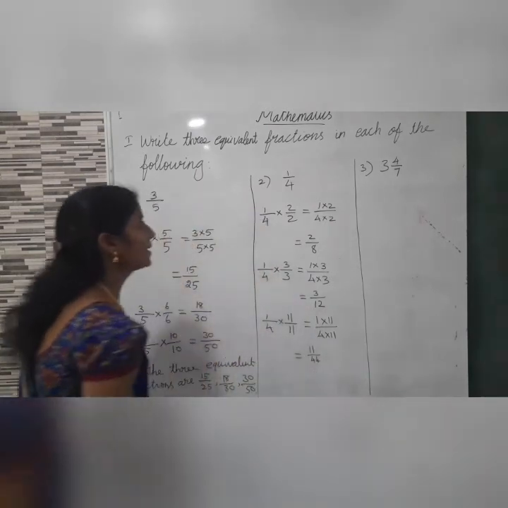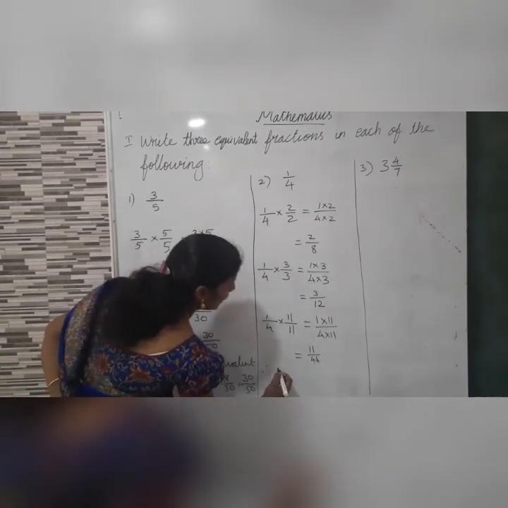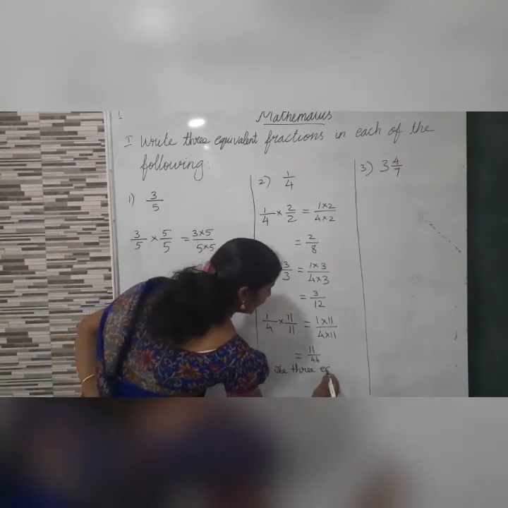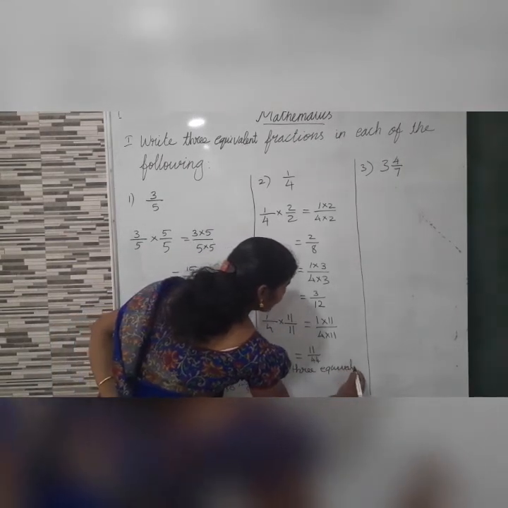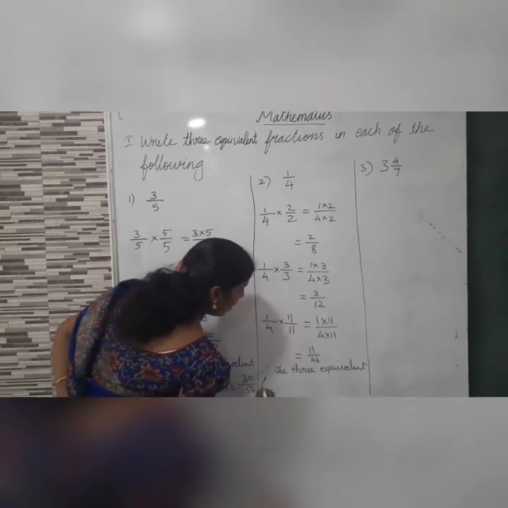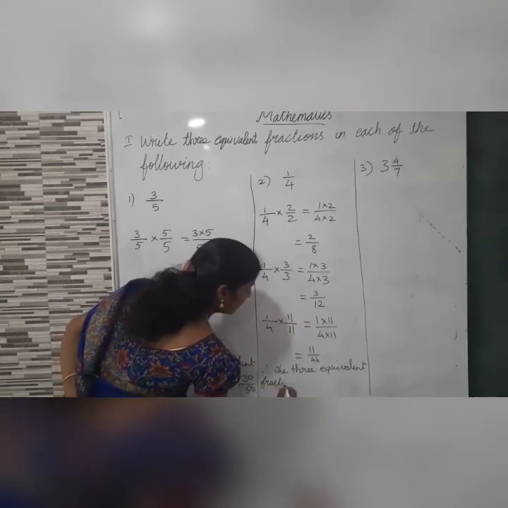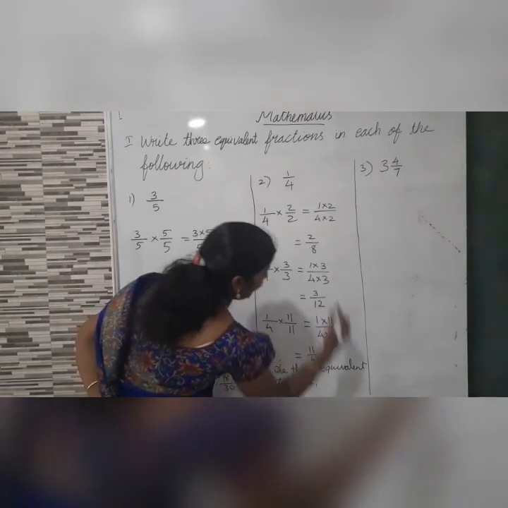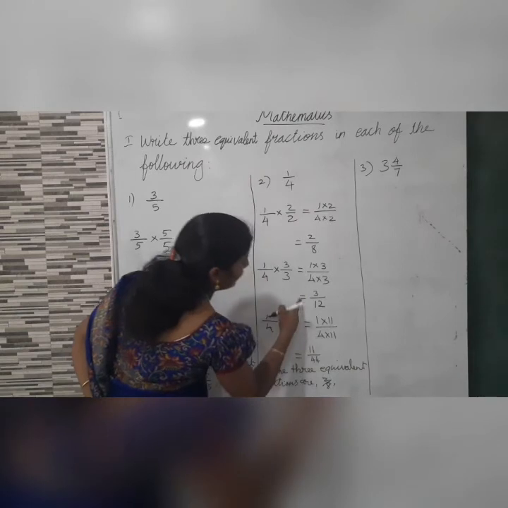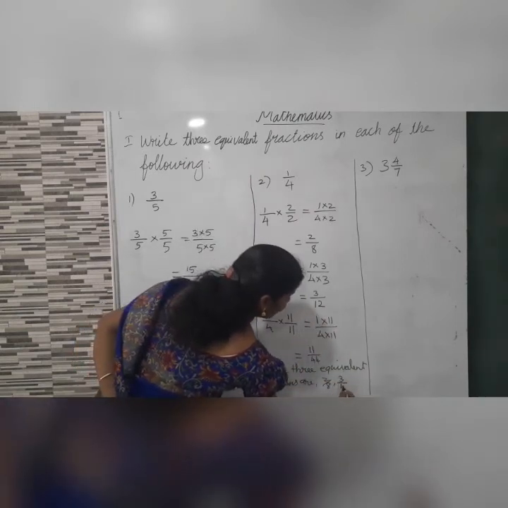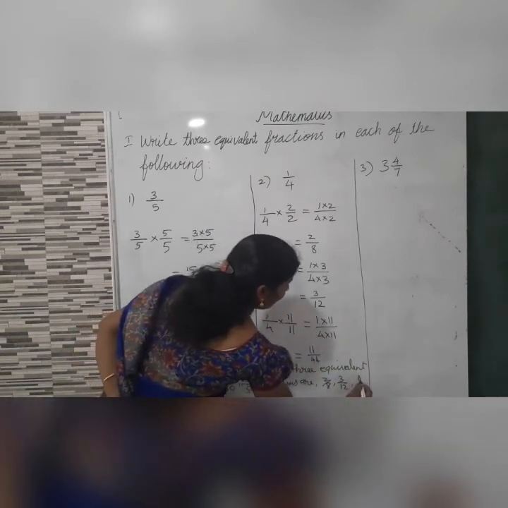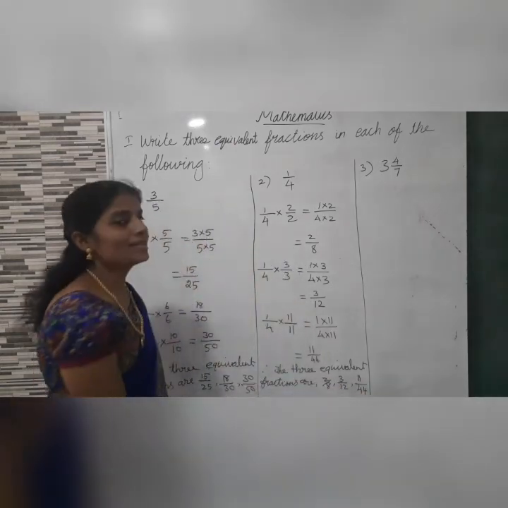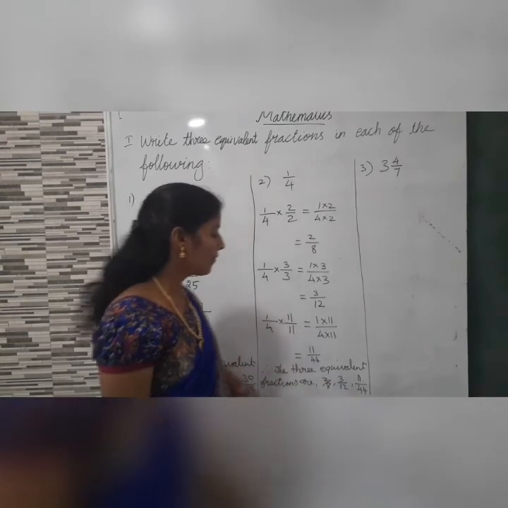Therefore, the three equivalent fractions are: first one is 2 by 8, then 3 by 12, then last one is 11 by 44.